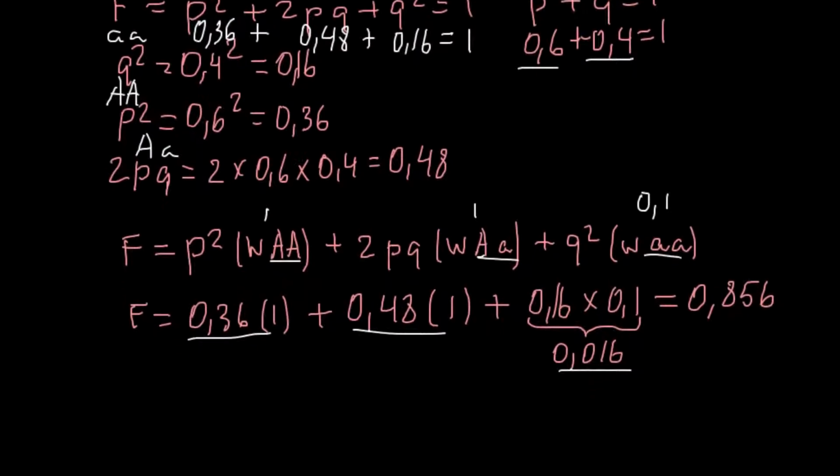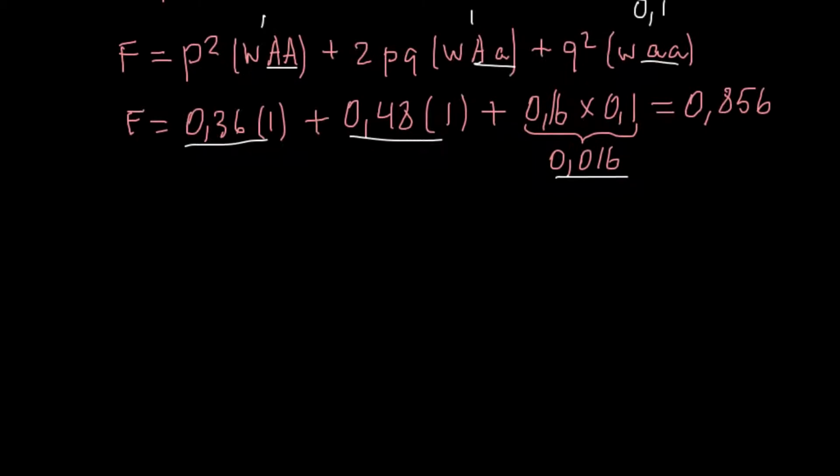We are going to once again divide the frequencies that we have for the homozygous dominant, for the heterozygous genotype, and for the homozygous recessive by this number. Let's try to do it and see what we are going to get.